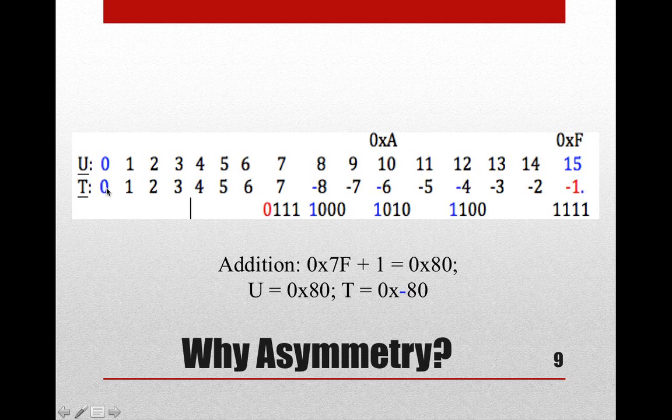When you're counting up the positive integers in 2's complement, you start at 0 and you count up, right? 0 up to 7, that's your first 8 integers. When you start on the negative scale, you're really borrowing the 0. You can think of it this way: you're really counting -1, -2, -3, -4, -5, -6, -7, and it goes up to -8. So this is really why there's an asymmetry there.